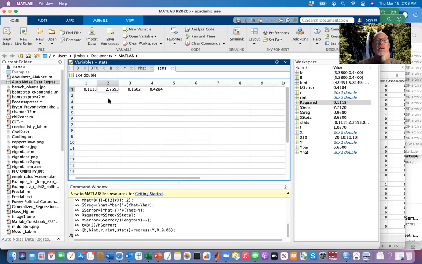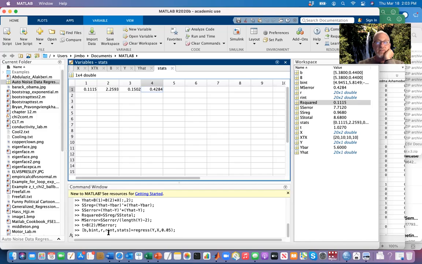This gives us F and not T, but we can see that the F is about 2.26. The probability of F is about 0.15. It's not significant, just as we found with our t-test. And then it gives us the mean square error, 0.4284, the denominator of the F.